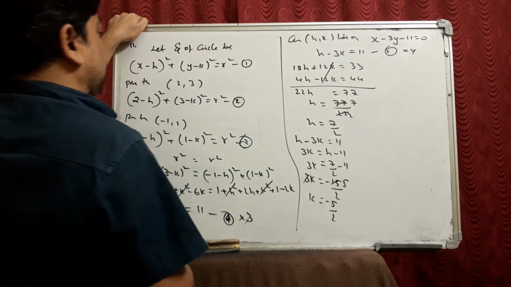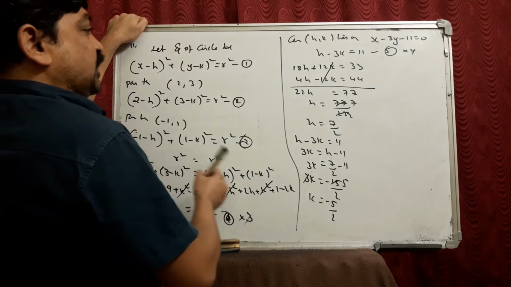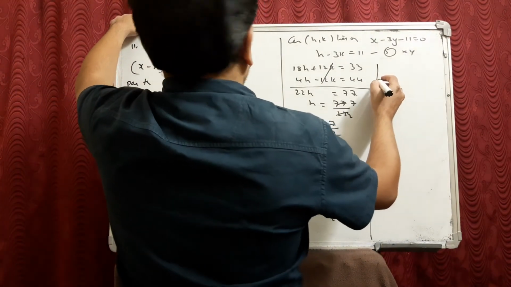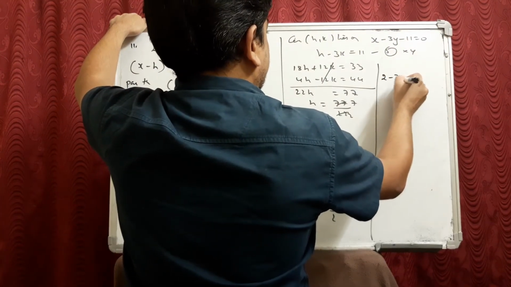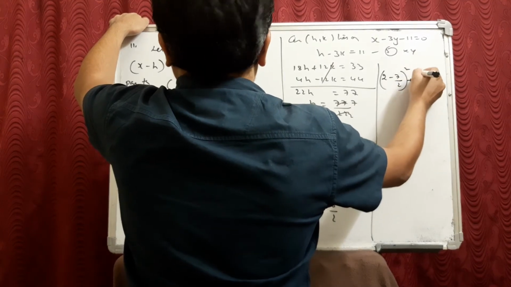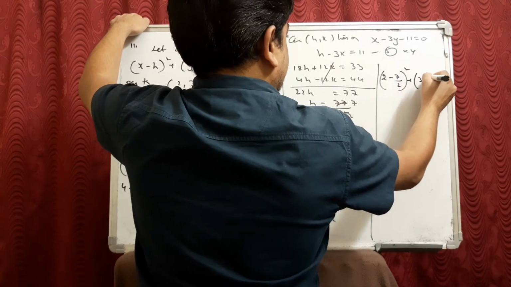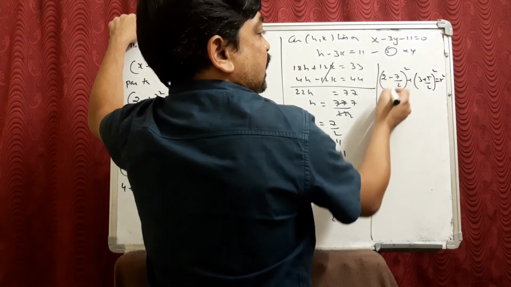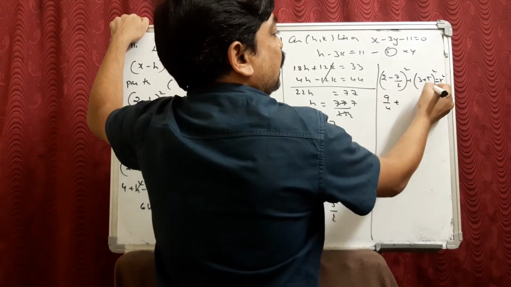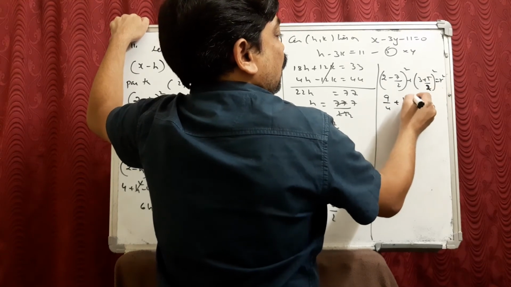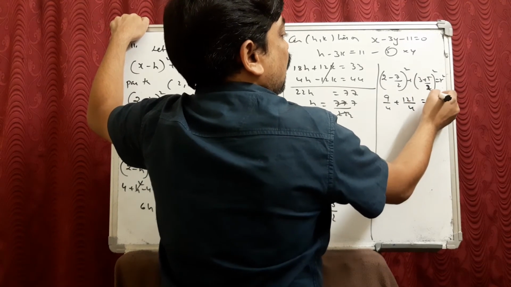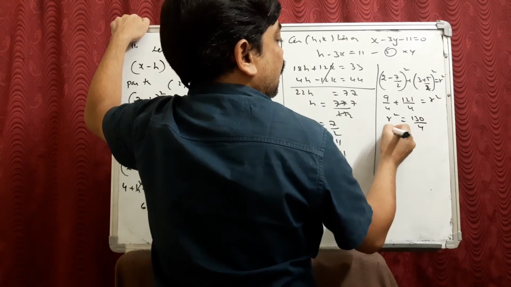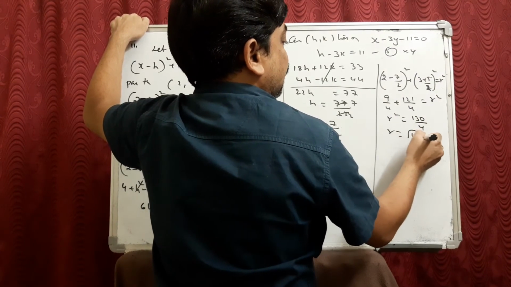After getting h and k, let us substitute in the first equation. 2 minus h, 2 minus 7 by 2 whole square, plus 3 minus k, 3 plus 5 by 2 whole square equal to r square. 9 by 4 plus 121 by 4 equal to r square. r square is 130 by 4, r is root 130 by 2.